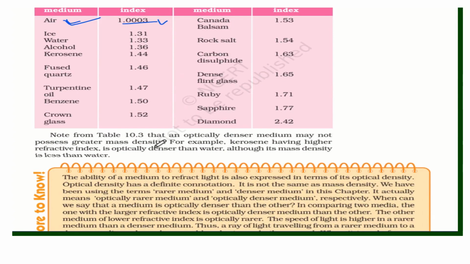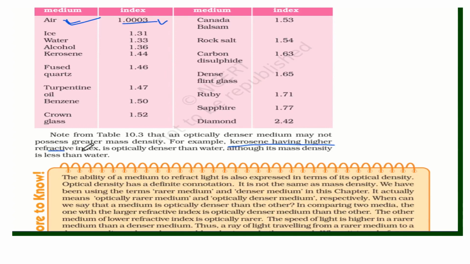Kerosene has a higher refractive index, 1.44, and water's refractive index is 1.33. So kerosene is optically denser than water. Refractive index of glass is 1.52.